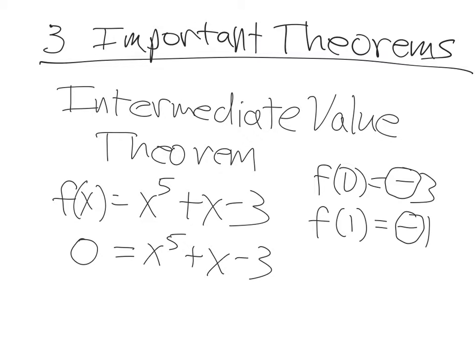Now, let's move on to f of 2, and this will make more sense as we see how we can apply it. F of 2 would be what? 31. Yes, 31. And the key here is positive 31.